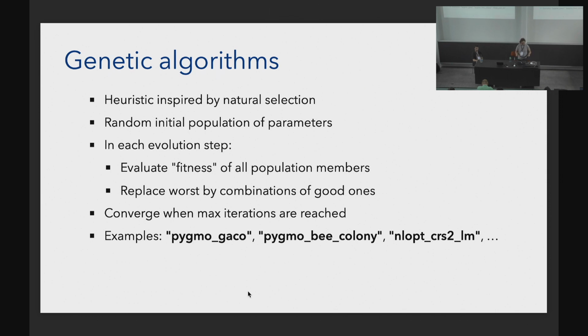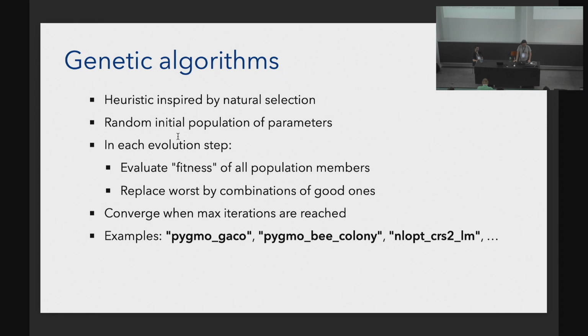There are a few different types of global algorithms. The first one are genetic algorithms, which typically come from the pygmo package. These are heuristics inspired by natural processes or natural selection. They typically start with a random initial population of parameters.